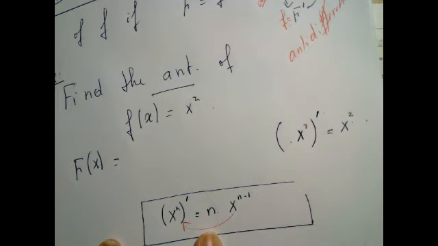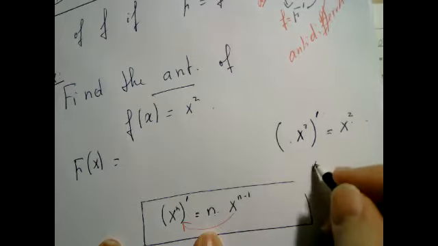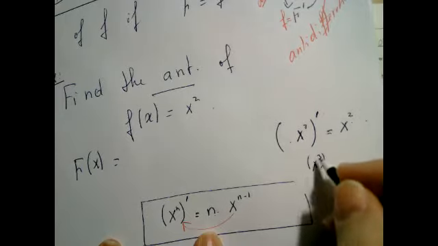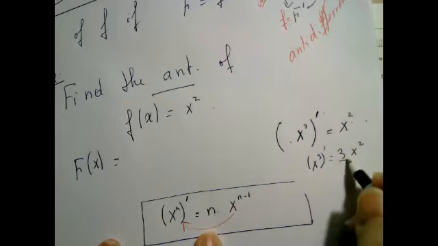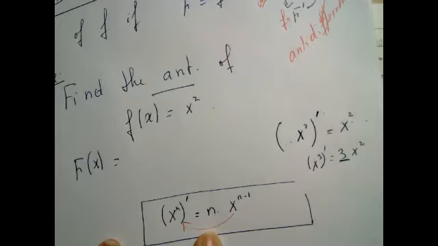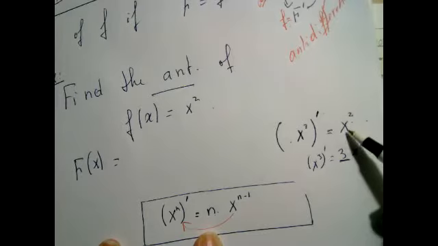But the derivative is n x to the n minus 1. So the derivative of x cubed is going to be 3x squared. I need to compensate for the 3 because I want only x squared.